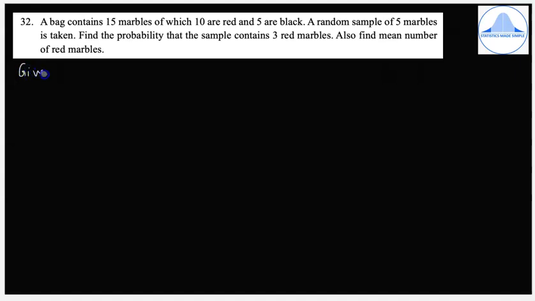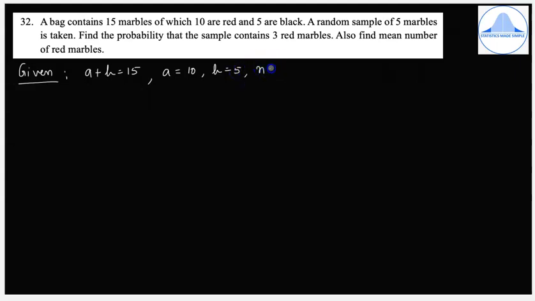So first write given. A bag contains 15 marbles. That means A plus B is equal to 15, where A will stand for the number of red marbles, because the question is based entirely on red marbles. So you should take A as the number of red marbles, that is 10, and B will be the number of black marbles, which is 5.